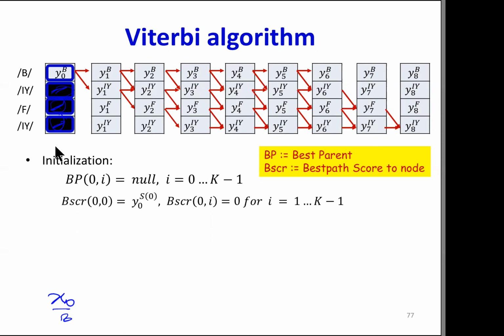So this is the only one that you retain. Now, the best parent to this guy, obviously it has no parent, so it's a -1.